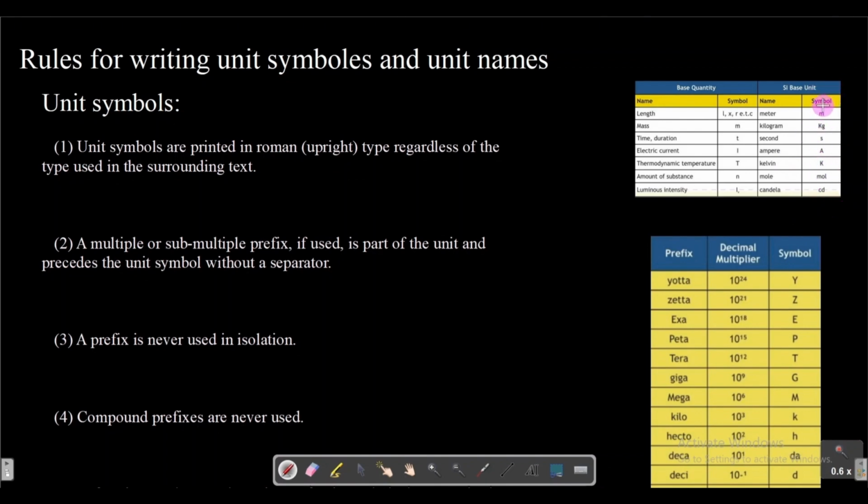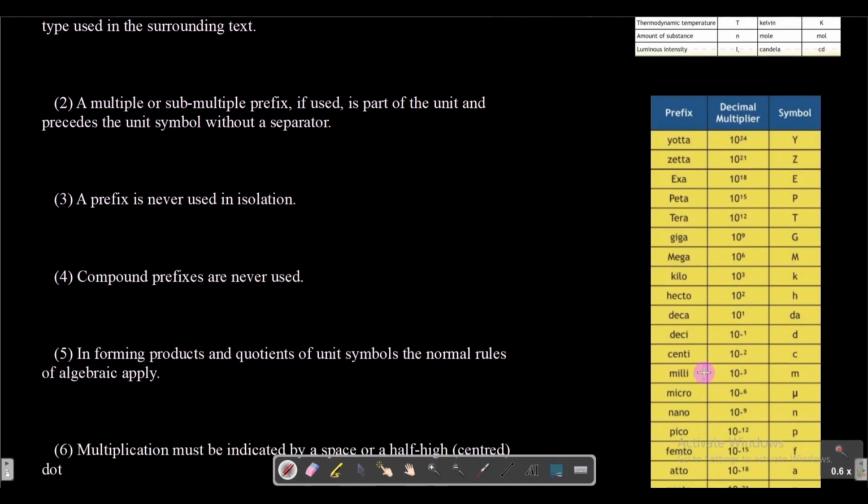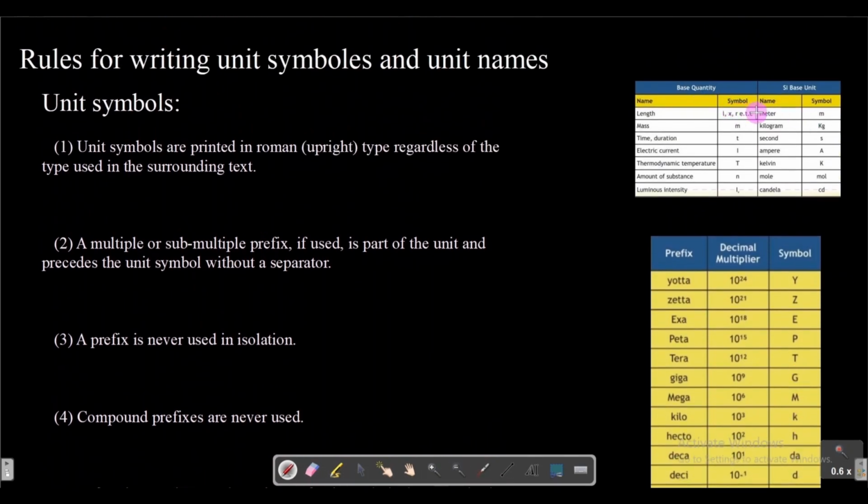So we will have some rules for writing these unit names and these unit symbols in order to avoid confusion with the prefixes. As we discussed in the previous videos about the prefixes, let's say in this table we have milli, and milli is the name of the prefix. Its value is 10 power minus 3 and its symbol is m. Similarly, the symbol for the meter is also m.